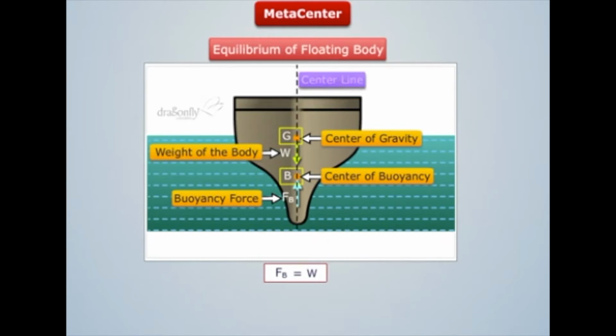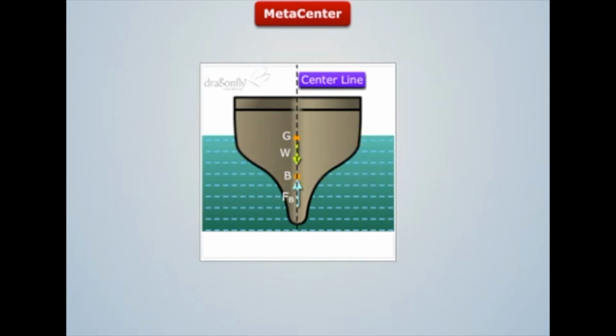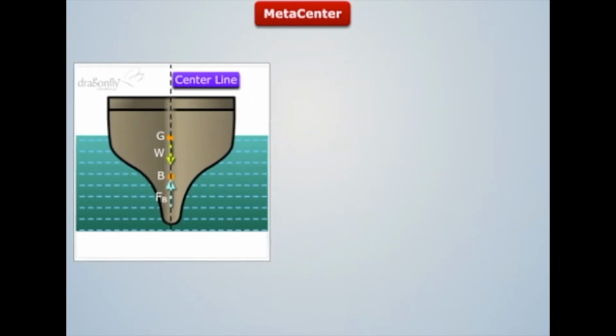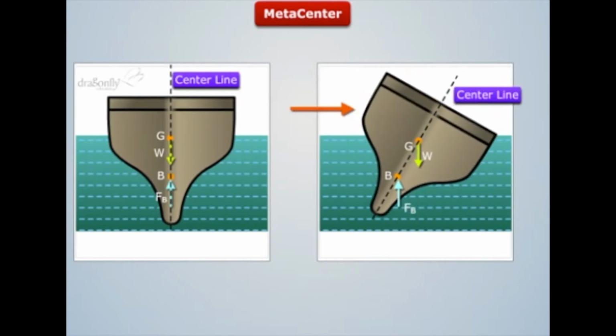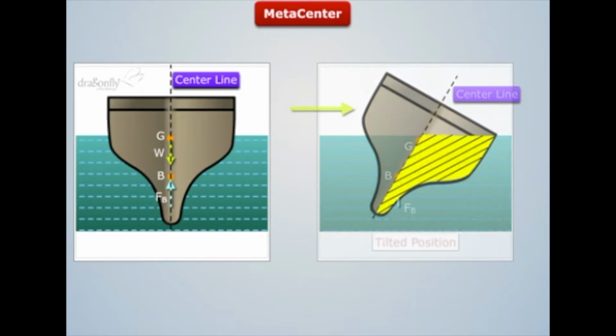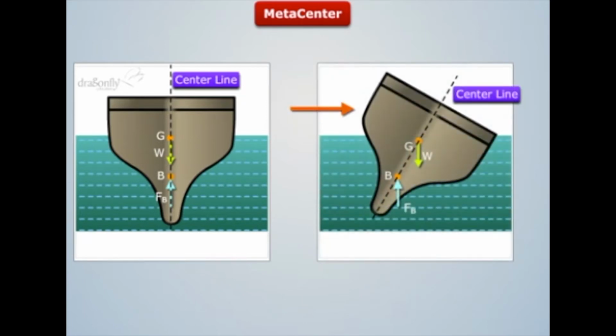Now, if a body undergoes an angular displacement, say in the rightward direction, then we see that the volume displaced is larger on the right side. Thus, the center of buoyancy shifts towards the right from B to B dash, and a couple is formed which tries to rotate the body.